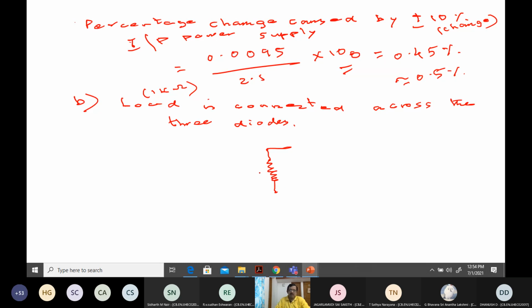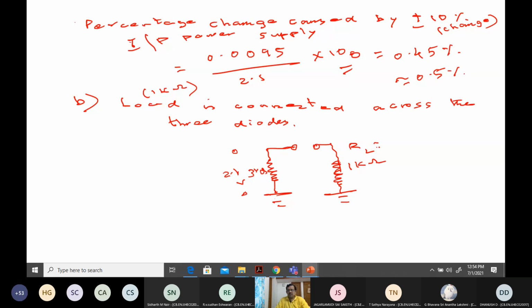Okay, so this is my 3 rD, and the nominal voltage across this will be 2.1 volt. And this is my load, 1 kilo ohm, RL.